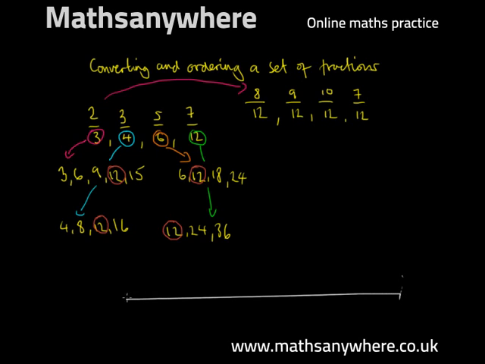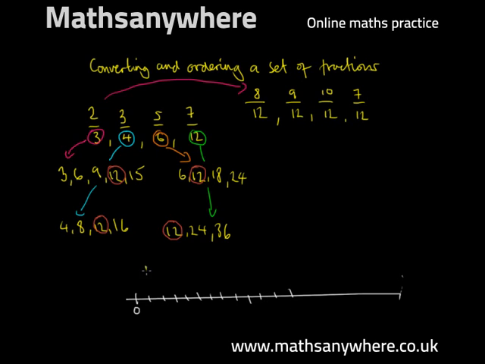That's much better. We'll include 0 on the number line, and all these fractions are less than 1. So we might be advised to divide our number line roughly up into 12. 1, 2, 3, 4, 5, 6, 7, 8, 9, 10, 11, 12.